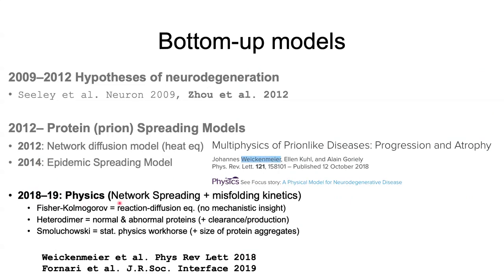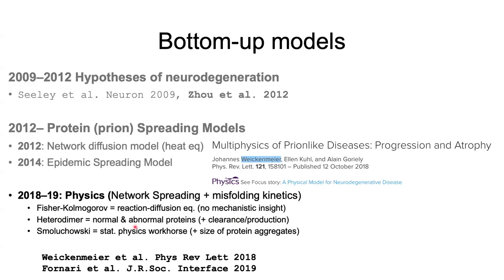Shortly after that, a few years ago now, some more physics-inspired models of network spreading started being developed, including things like modeling the misfolding kinetics. And here are a couple of names that will probably appeal to the mathematicians among you. There's a reaction diffusion equation, which the chemists would know about, the Fisher-Kolmogorov differential equation that describes reactions and spread of interacting or reacting agents.